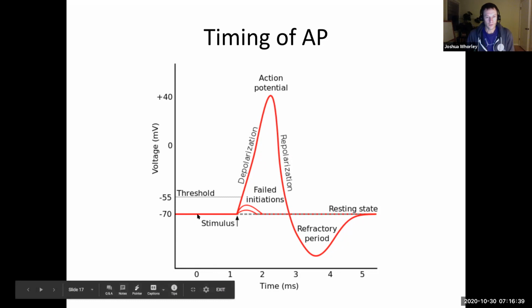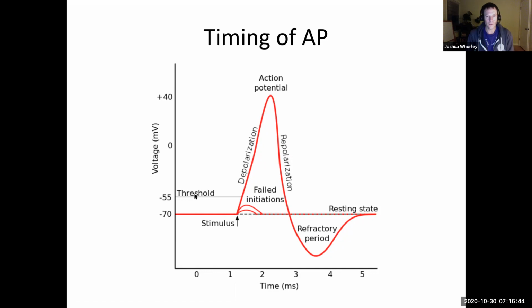So you'll remember that negative 70 millivolts is the resting potential of the cell. And then there's this threshold potential at which all of these voltage-gated channels, the sodium and potassium voltage-gated channels, will open. What this action potential is doing is it's a signal from a neuron to a muscle cell that will cause the muscle cell to contract. And so this stimulus that we see is actually the neuron communicating this, reinitiating the action potential in the muscle cell.